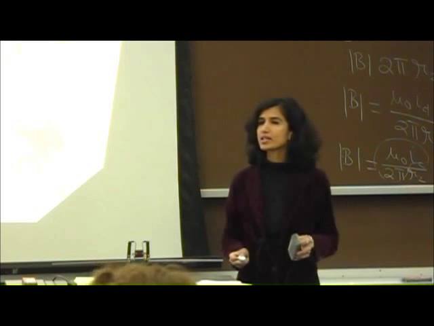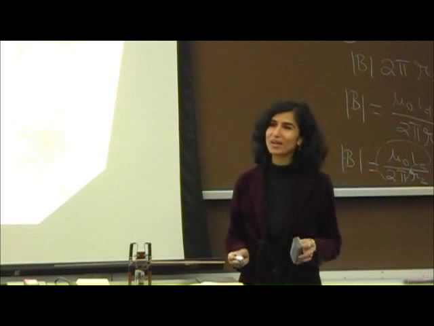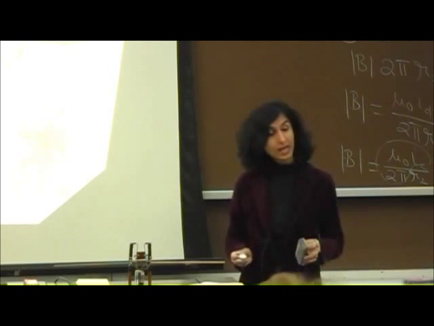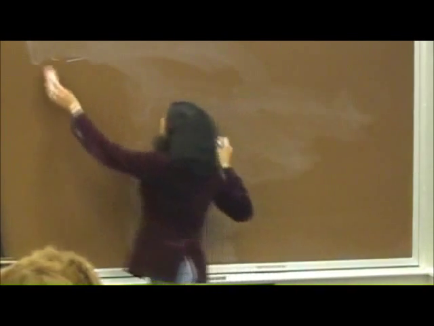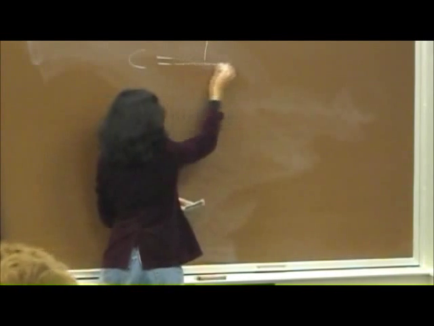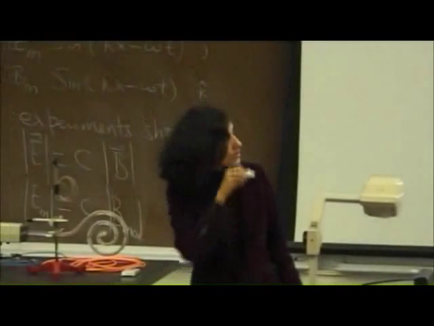Folks, what were the fundamental constants that we kept talking about over and over again in electricity and in magnetism? Epsilon 0 in electricity and mu 0 in magnetism. Do you remember that? What you can show is that the speed of light is related to these things. It turns out that speed of light in vacuum is 1 over square root of epsilon 0 times mu 0. So speed of light in vacuum is related to those things.